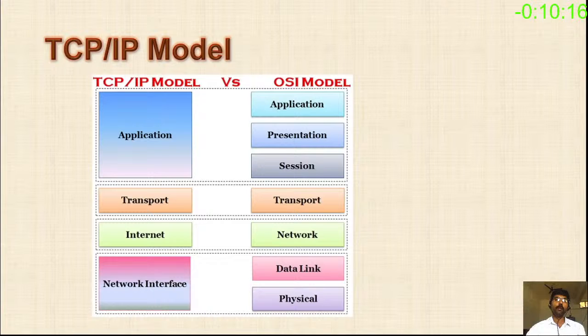If a user application wants to connect to the network, then the application layer is used. The application layer provides some high-level protocols such as FTP, Telnet, HTTP, SMTP, etc. These protocols are provided to deliver the data over a network.